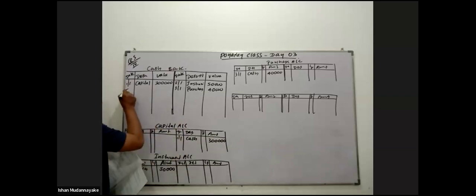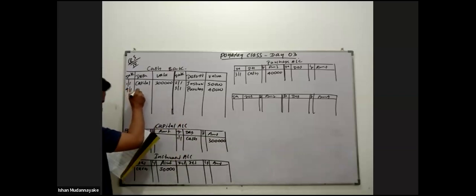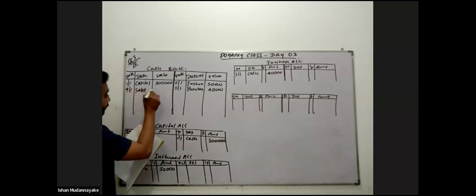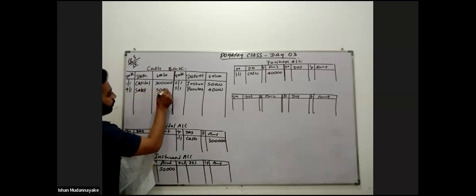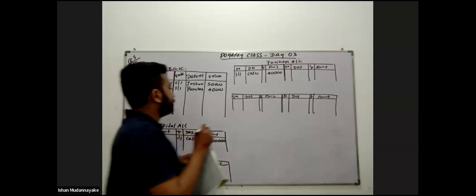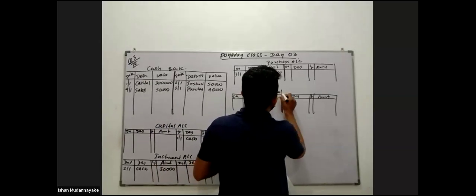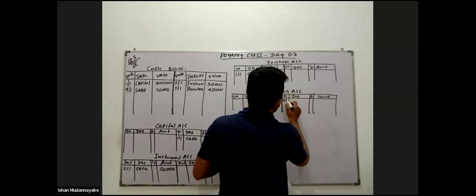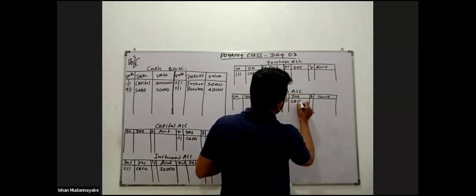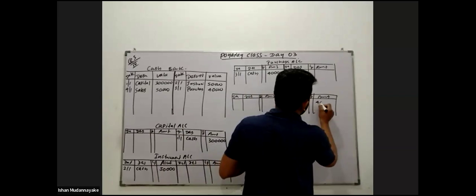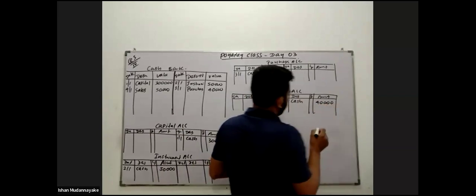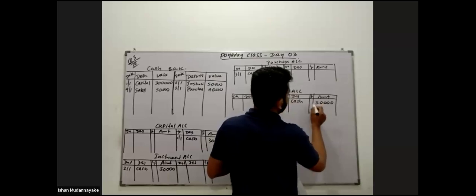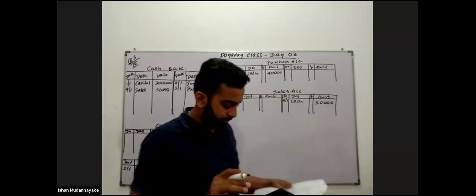Therefore cash book debit, 4th January, sales 50,000, and sales account credit, 4th January, cash 50,000. Finished. Done.